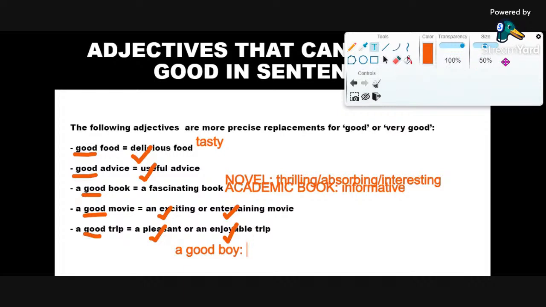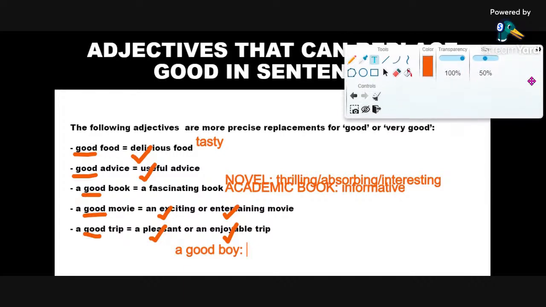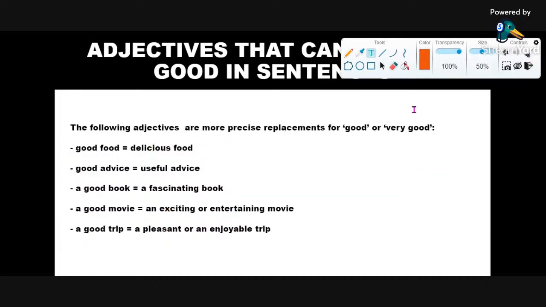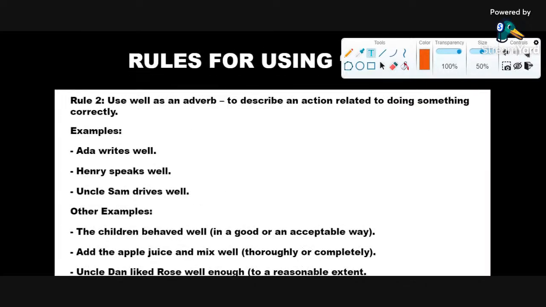Okay, so having said that, let's now look at other areas. Now that brings us to a different segment, the rules for using well. We are through with looking at the grammatically correct ways of using the word good.